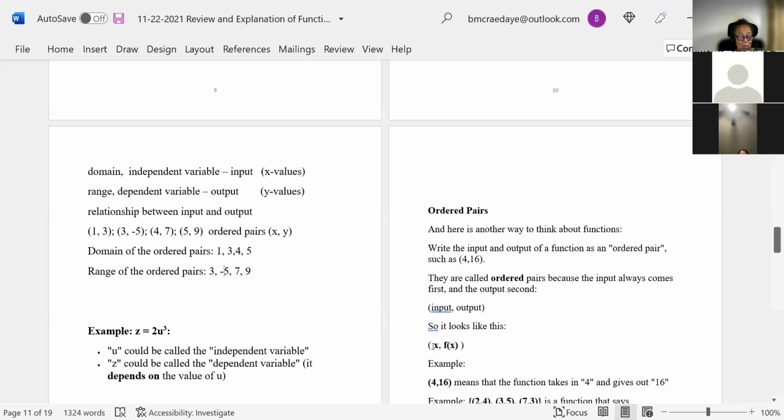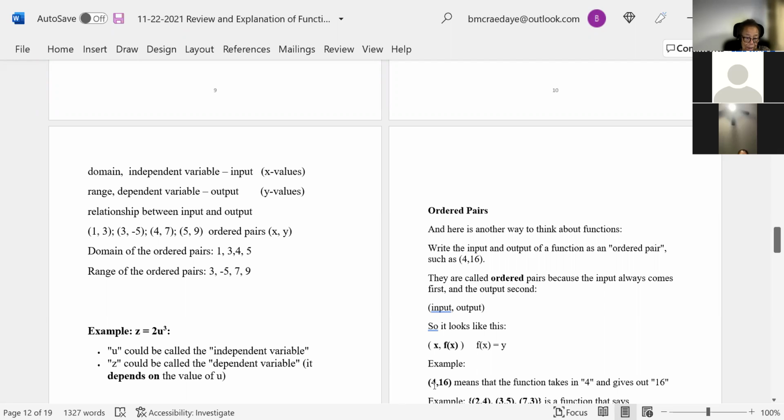So instead of X and Y, I can say f of X. Notice here, I'm using f of X equal to Y. For the function, it's no different from what we've been doing, except instead of saying Y is the dependent variable or output, we're saying f of X or g of X or h of X. So if you had 4, 16, the function takes in the input of a 4 and gives the output of a 16.